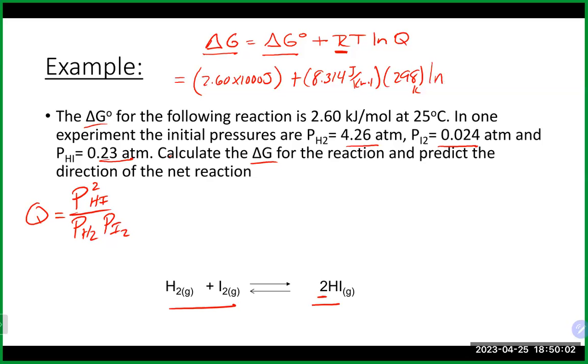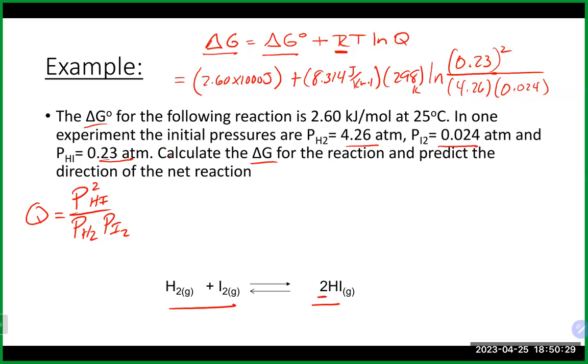So this is going to be the natural log of HI's pressure, which is 0.23, and we do need to square that, divided by H2's pressure, which is 4.26, and I2's pressure, which is 0.024 in this case.